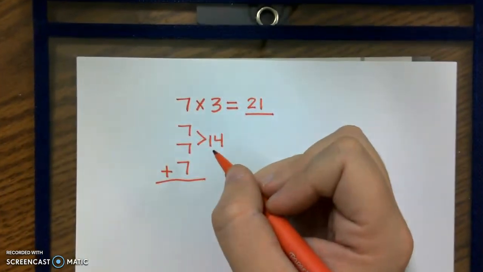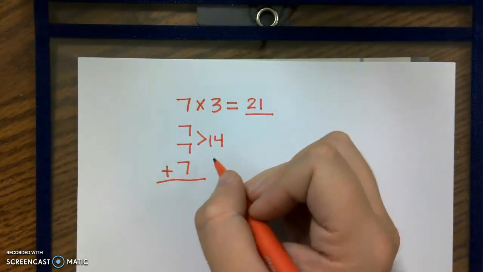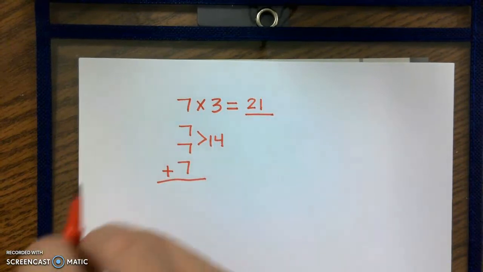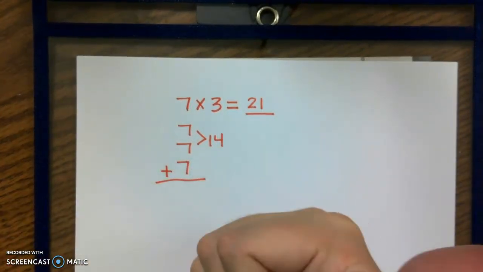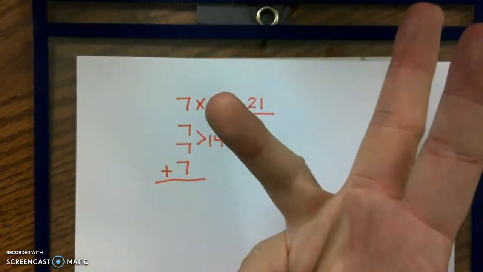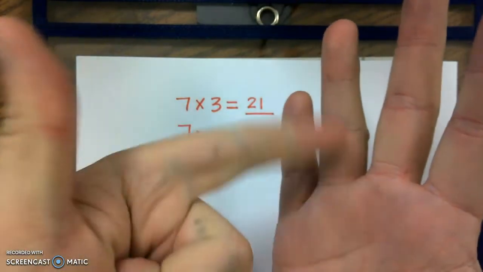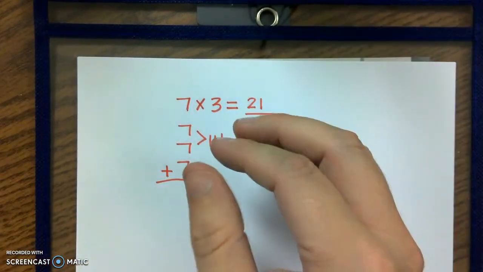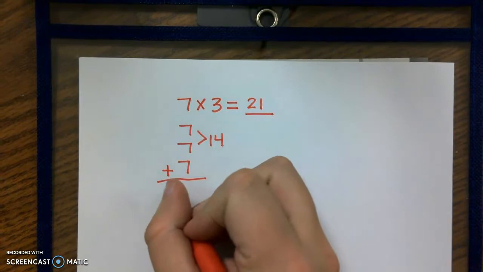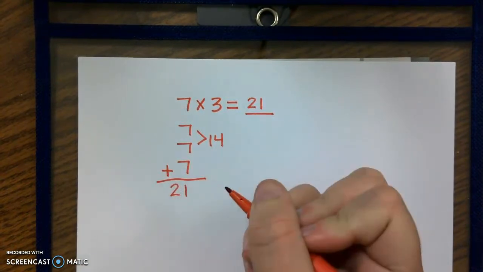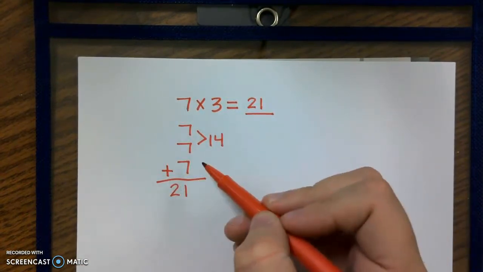Counting up from 14 to add 7 more: 15, 16, 17, 18, 19, 20, 21. So I've added 7 more fingers, and I got to my answer of 21. That's one way of looking at it.